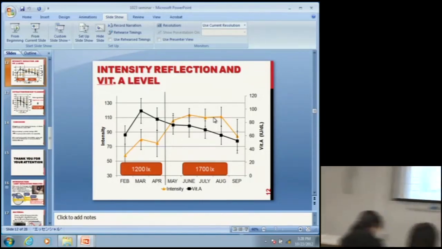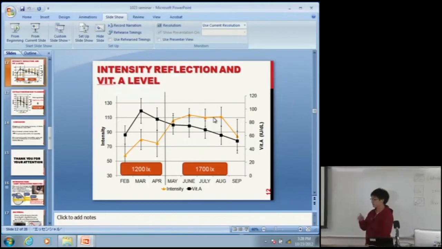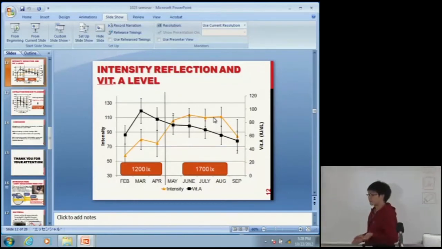So maybe later I will calculate the formula. But now I am still researching the relationship because that relation is not so clear yet. So this is not prediction.